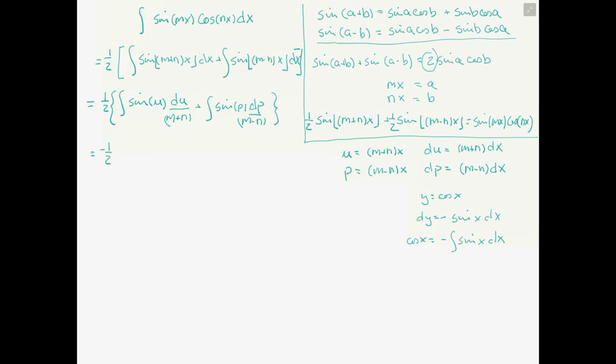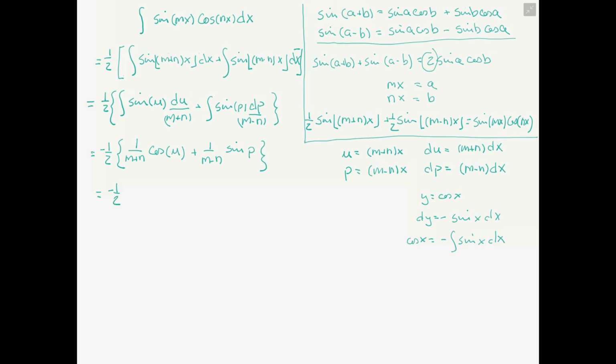So we have out here minus 1/2 times 1 on (m plus n) cosine of u plus 1 on (m minus n) cosine of p.